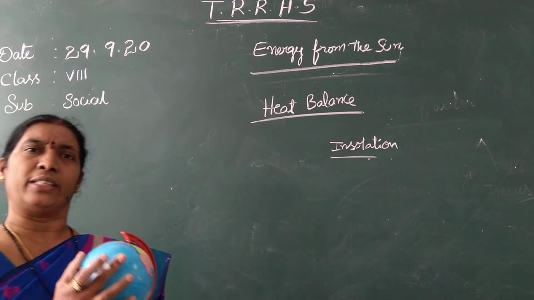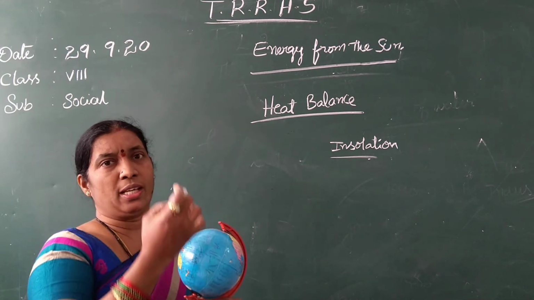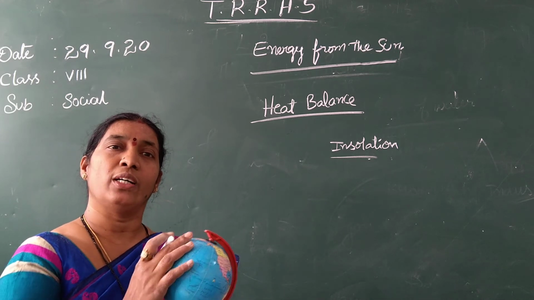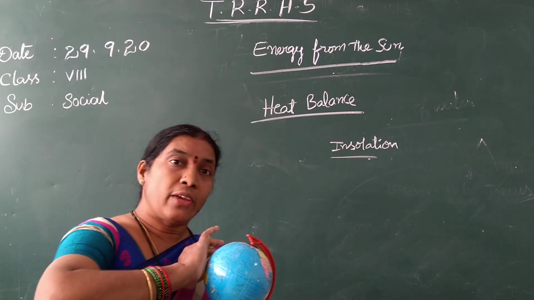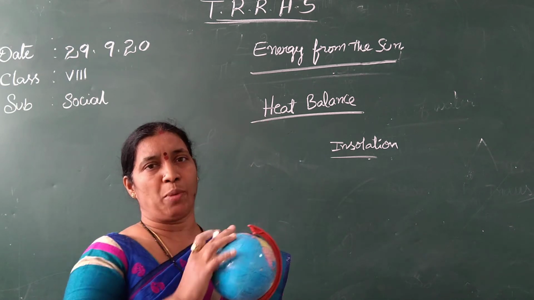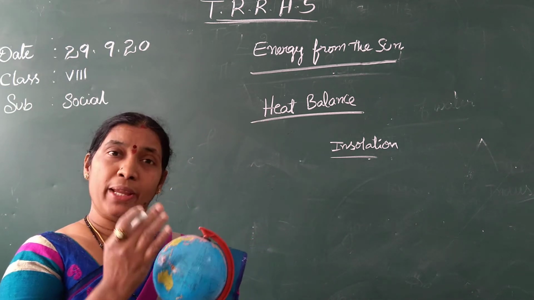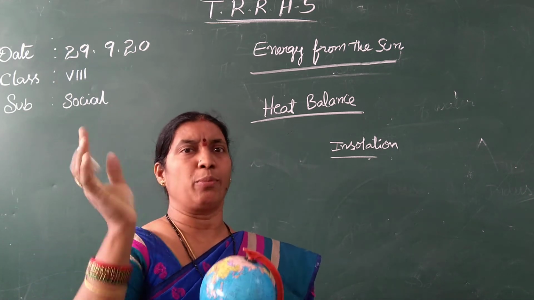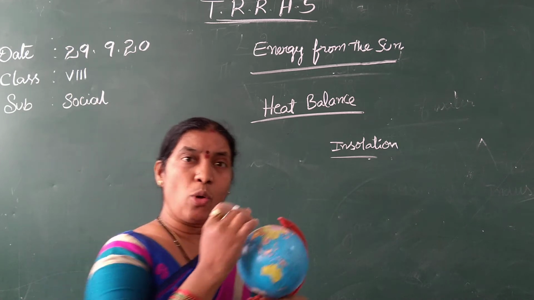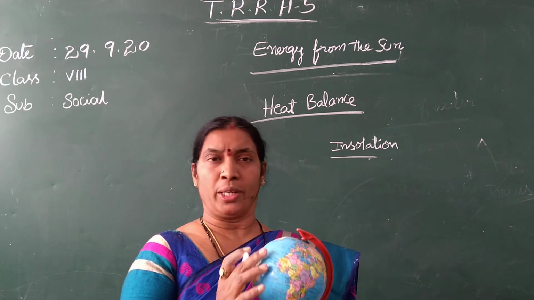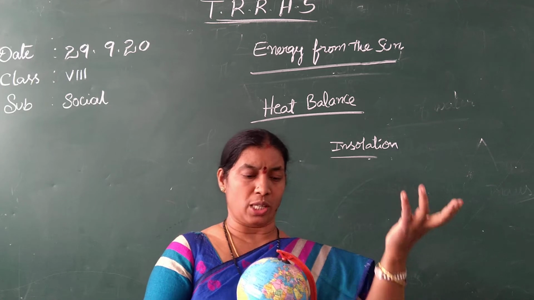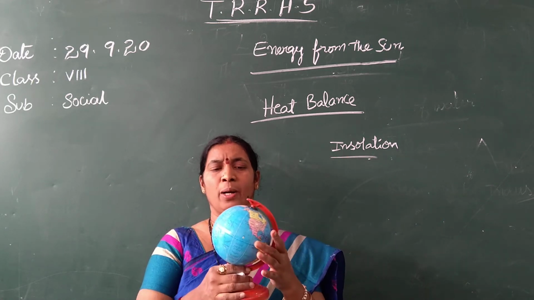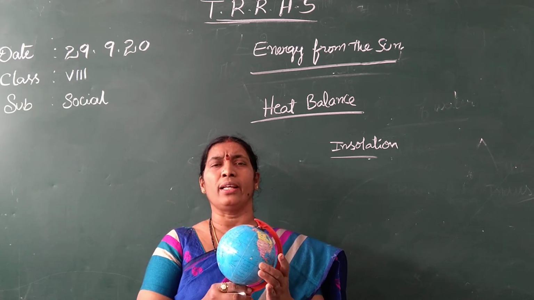About 1/3 of the sun's energy coming to the earth's surface is radiated back to space. The rest is given to the clouds and atmosphere, and some goes to the dust particles. Like that, it is going. Because if all the energy given by the sun were taken totally by the earth, then what happens?